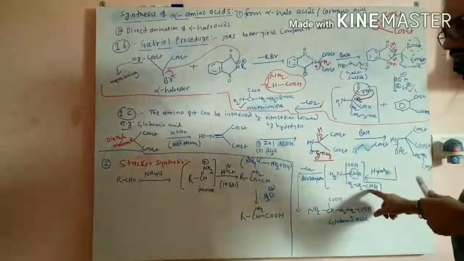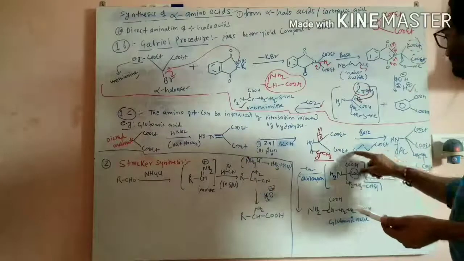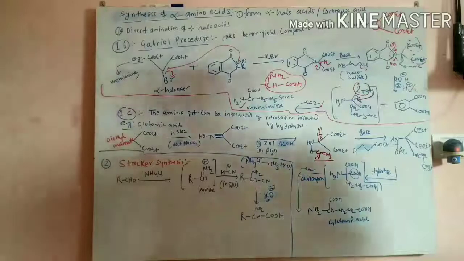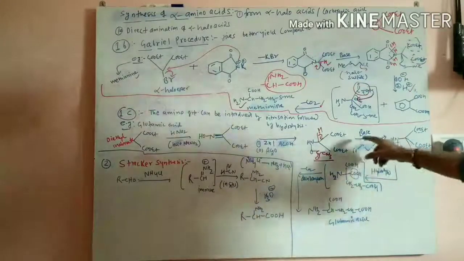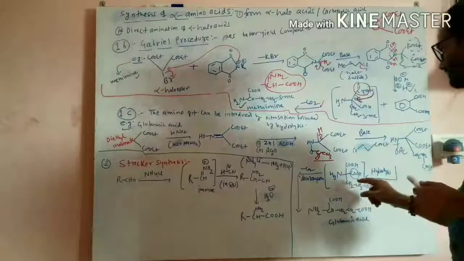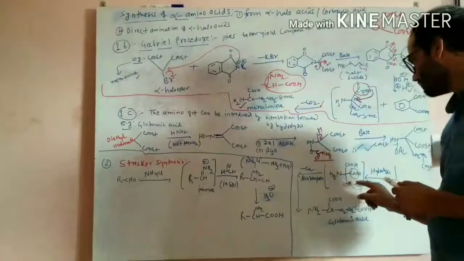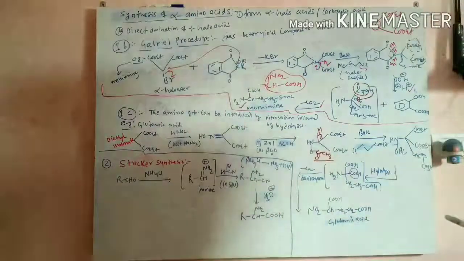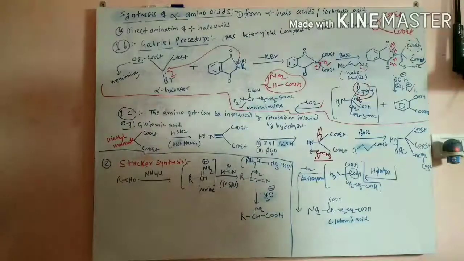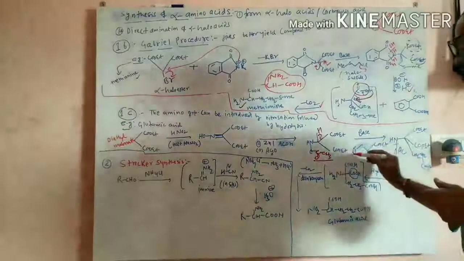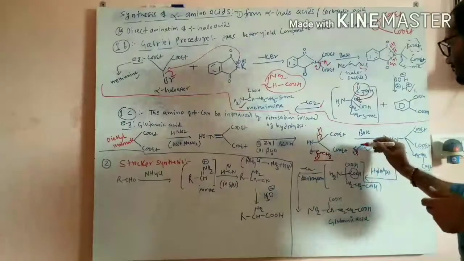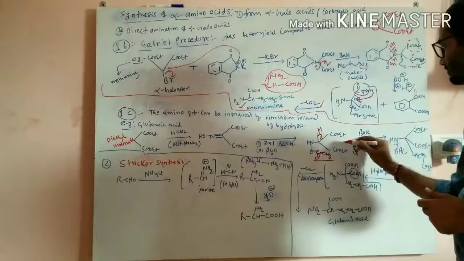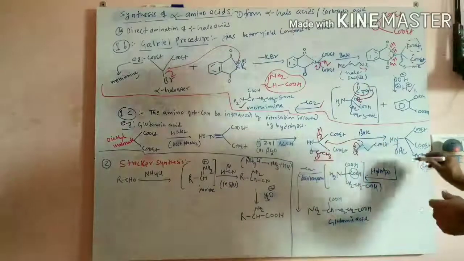That's why we have designed such a starting material, such a reactant here. This designing of the reactant depends on the structure of the amino acid you want. So you must know the structure of the amino acid if you want to synthesize it. So this chlorine will attack over here, and we have this one.